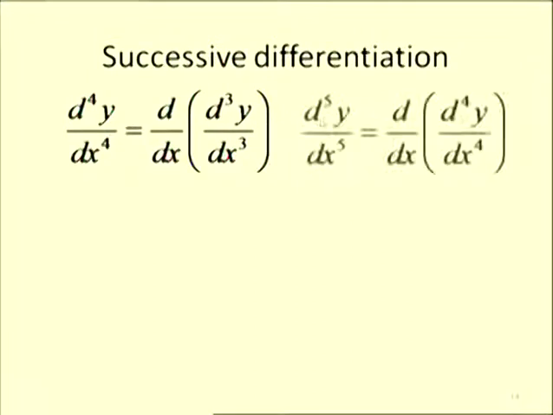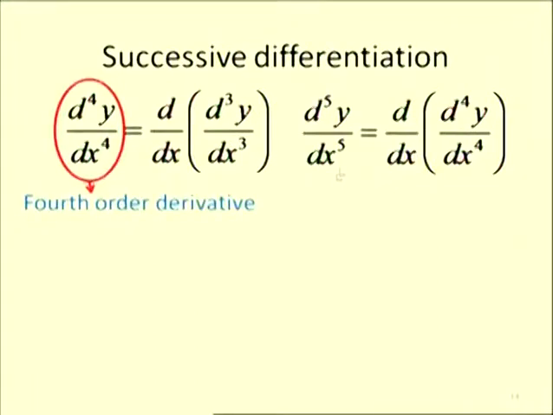Similarly, d5y by dx5 is equal to d by dx of d4y by dx4, that is the derivative with respect to x of the fourth order derivative. So this is the fourth order derivative, this is the fifth order derivative.